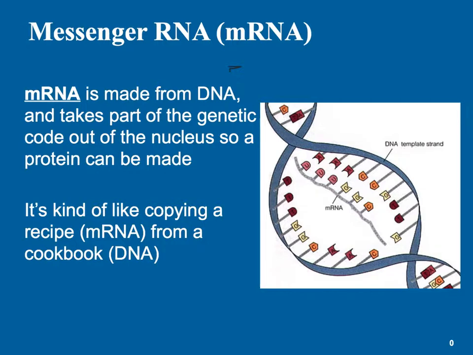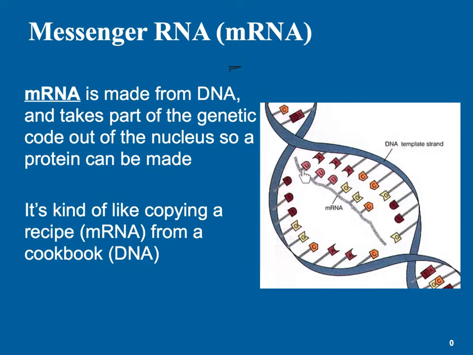And the way that messenger RNA is made is similar to the process of DNA replication. DNA is going to split apart, as you see here, and instead of DNA polymerase reading the strand of DNA, it's going to be RNA polymerase. So it is going to read it, and it's going to bring over the matching bases.